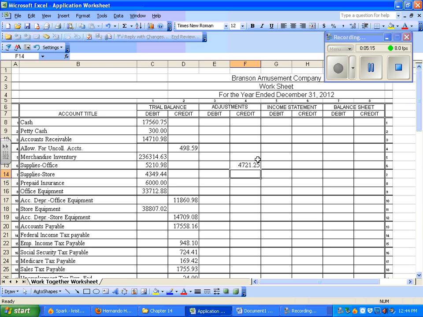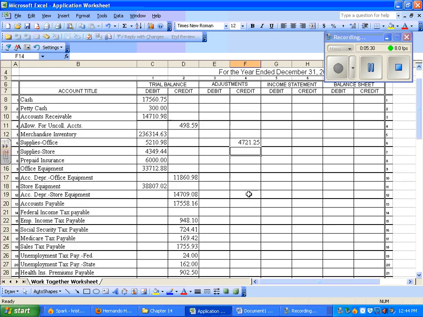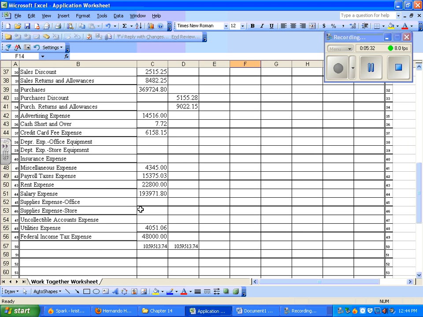That 4721.25 represents the office supplies that you used up throughout the period. So this 4721.25 of supplies that you used up, we want to put that in supplies expense. So we're going to go down here in the adjustments column and we're going to put 4721.25 as a debit in supplies expense.